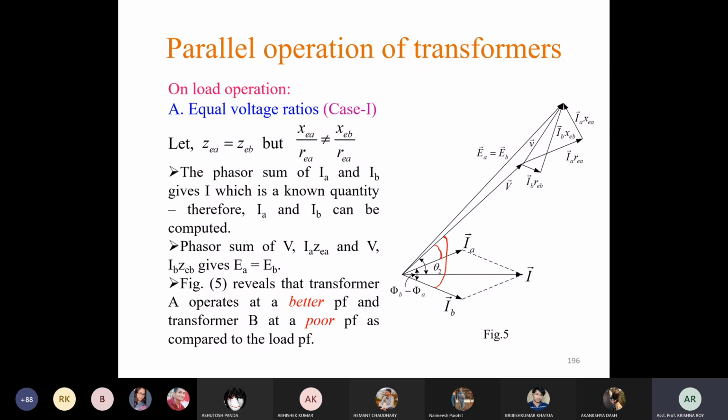So our third condition was that this X by R ratio must be the same. If not, then this will happen. Is it clear?